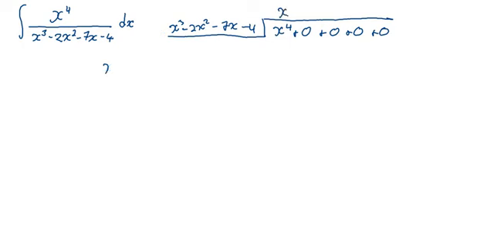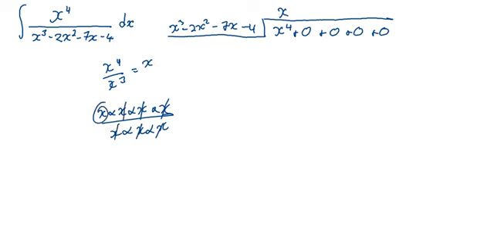It's like x to the power 4 divided by x to the power 3: x times x times x times x divided by x times x times x. Those cancel, and you remain with that x right there.